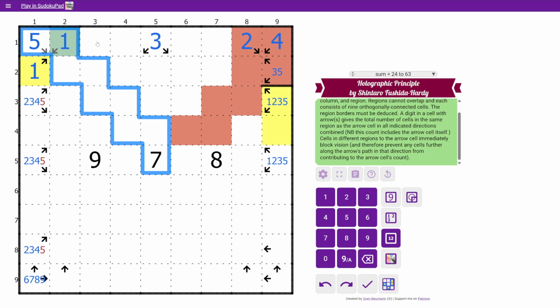So cells left are 1, 2, 3, 4, 5, 6, 7, 8, 9. So there would be 2 cells left over.